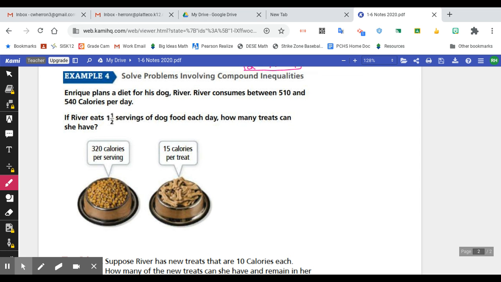Okay, so the numbers we have to stay between are 510 and 540. Okay, River eats 1.5 servings of dog food each day. How many treats can she have?